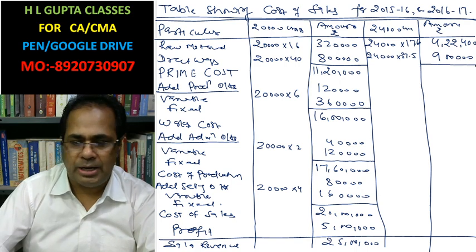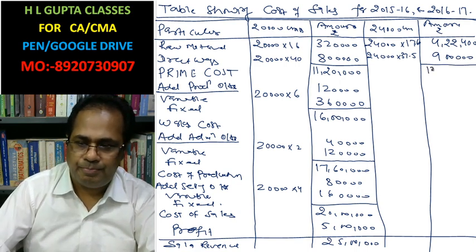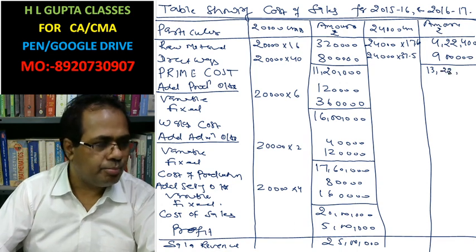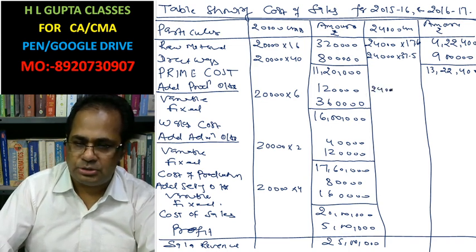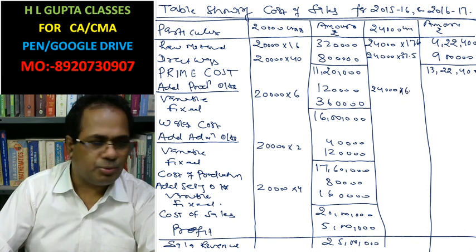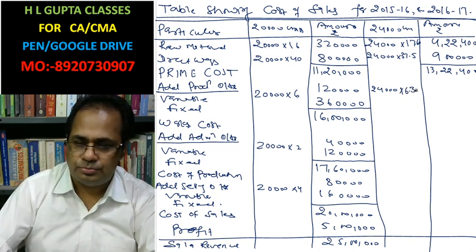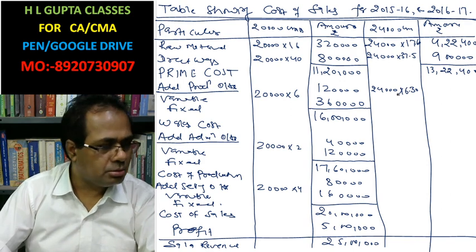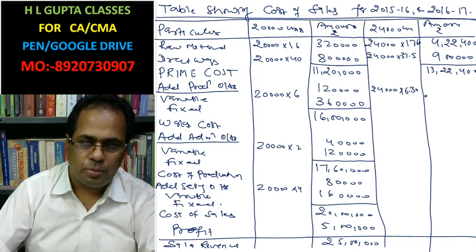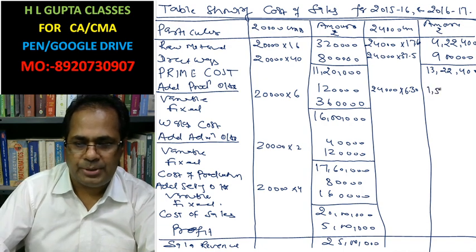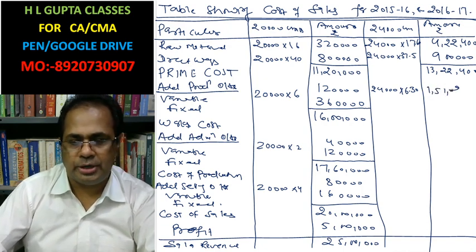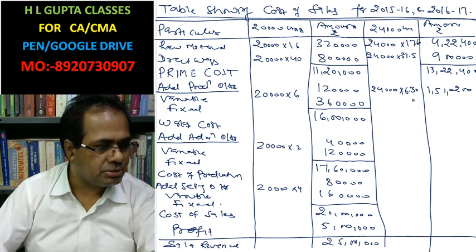Prime cost you have 13,22,400. Okay, production overhead: 24,000 into 6.30, 1,51,200.